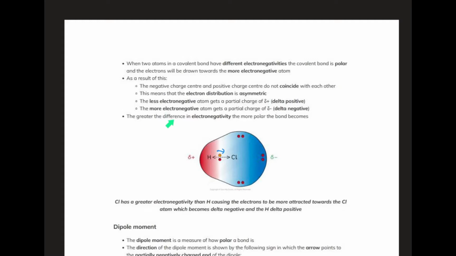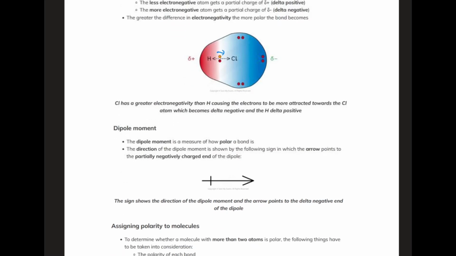One extra thing to mention: when they are more polar, they will have more ionic characteristics. For example, HCl can dissolve in water because it is polar.